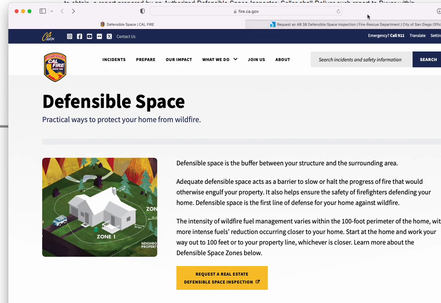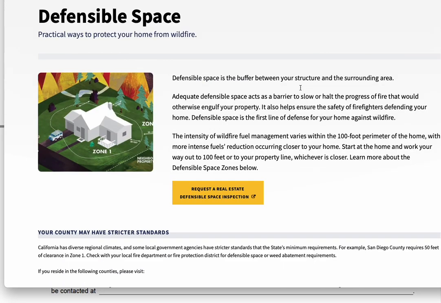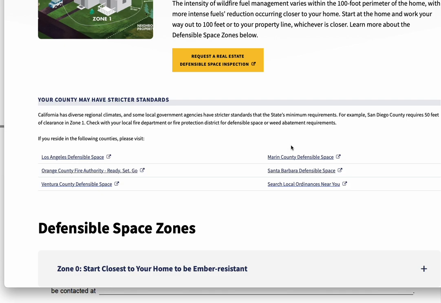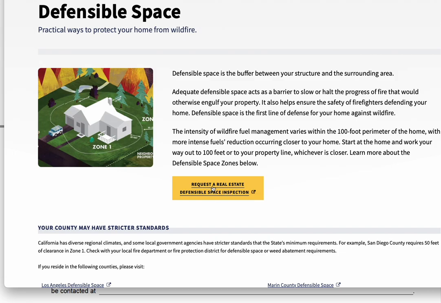You can see up to here, okay? And it has some links to different county sites: LA, Orange County, Ventura County, Marin County. And you can look that up if you want. And if you're concerned about it, you can request a real estate defensible space inspection. And I think they're like $118.